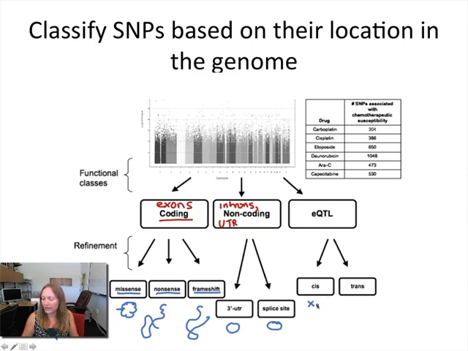One is an EQTL, a SNP, that's exactly on the same chromosome as a gene that it controls, or that the genotype is associated with the expression of this gene on exactly the same chromosome. But you could have an EQTL that was on a different chromosome than the gene that it is associated with, and that's called a trans EQTL.